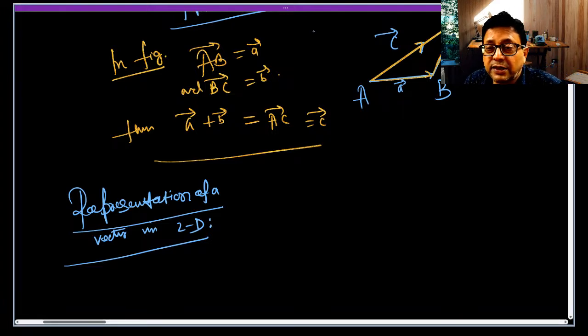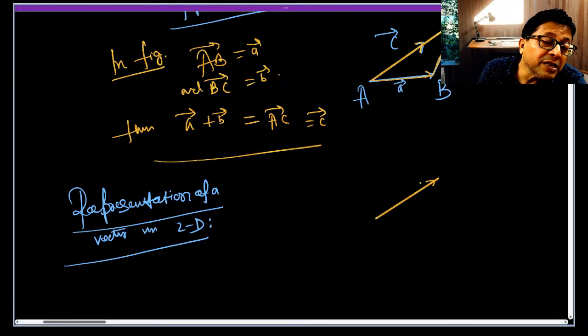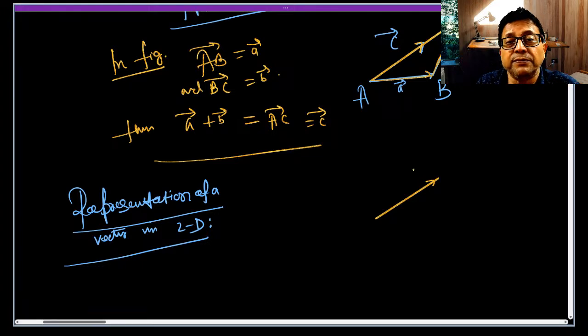How to represent a vector in two-dimensional coordinate system. There is a vector I showed you. Vector may be anywhere. This you want to represent in 2D. 2D means two-dimensional coordinate system. This whole computer board is two-dimensional coordinate system only, because this is a plane. We want to represent this vector in the plane of this paper.